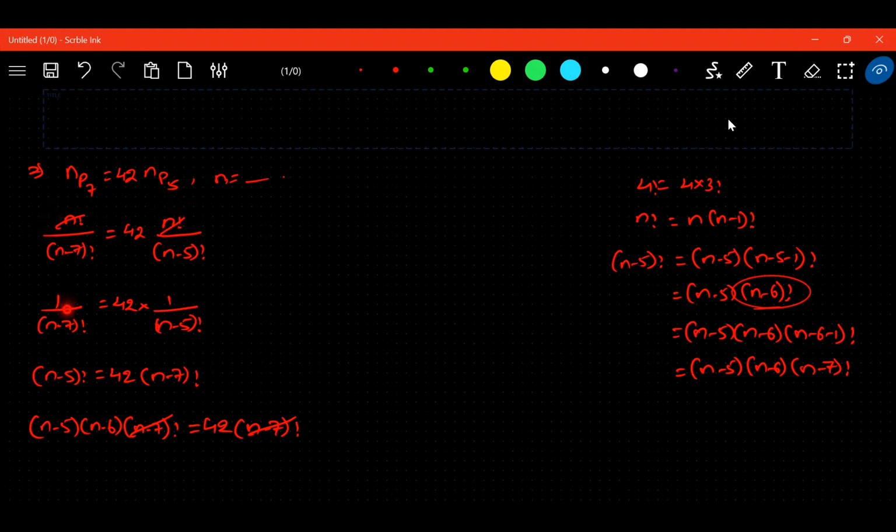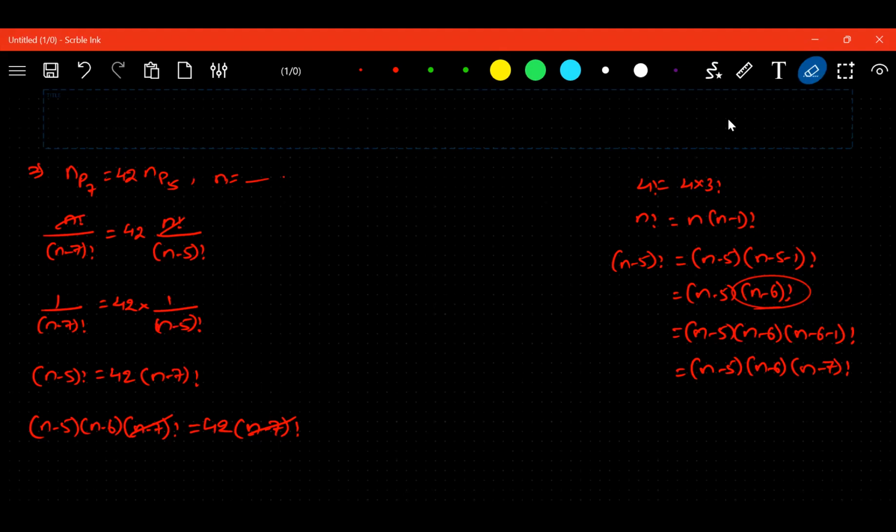So 1 upon n minus 7 factorial is equal to 42 multiplied with 1 upon n minus 5 factorial. Am I right? Yes, sir. Now we got the clarity. One step more, in the sense, this cross multiplication. See here. Okay, sir. Understood.